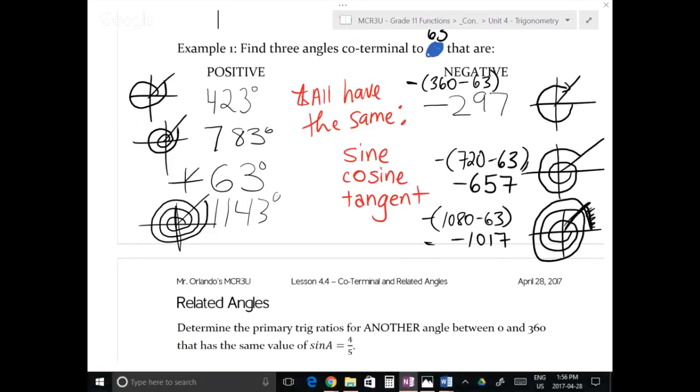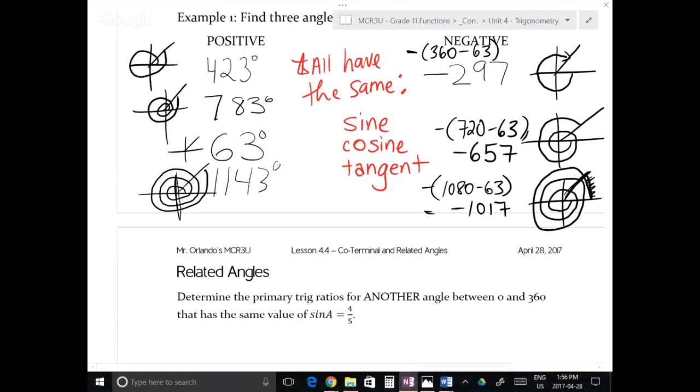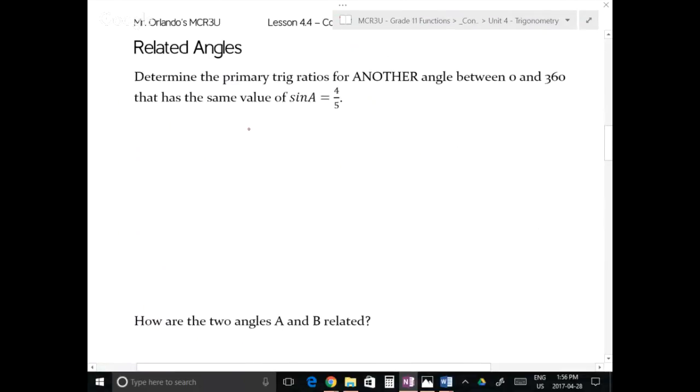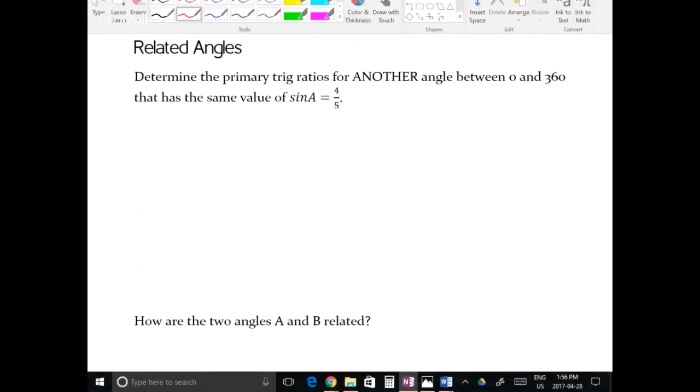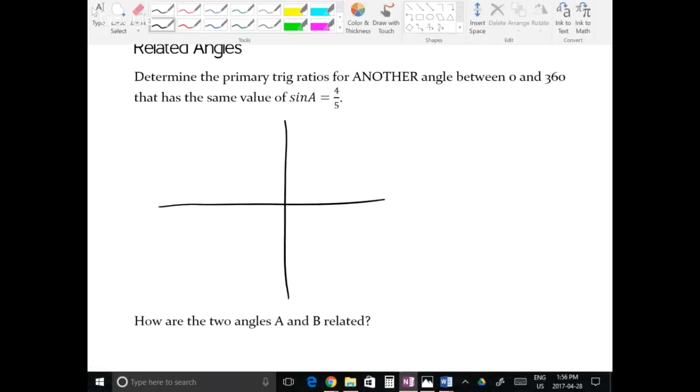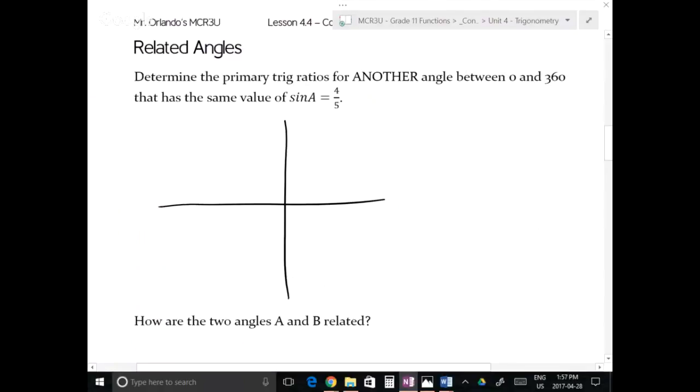All right, so with that in mind, I want to think more along that path. Could we think of another angle that has the same sine value of 4/5?